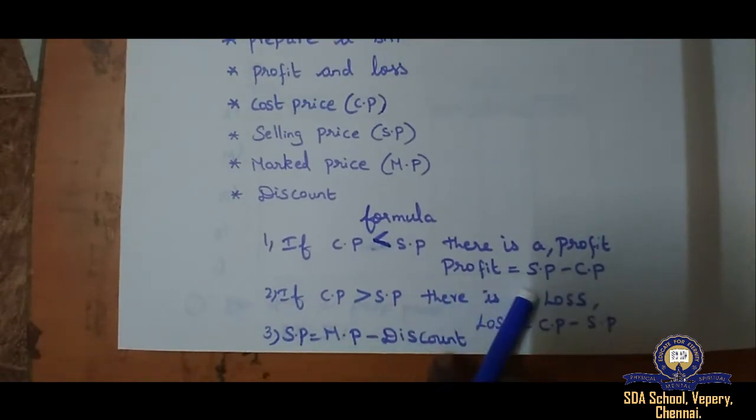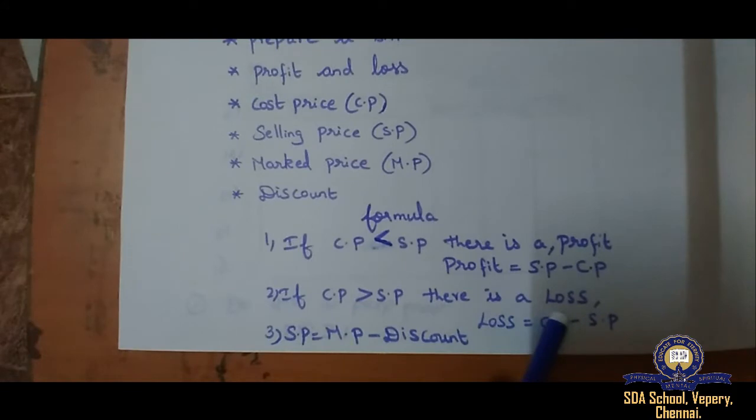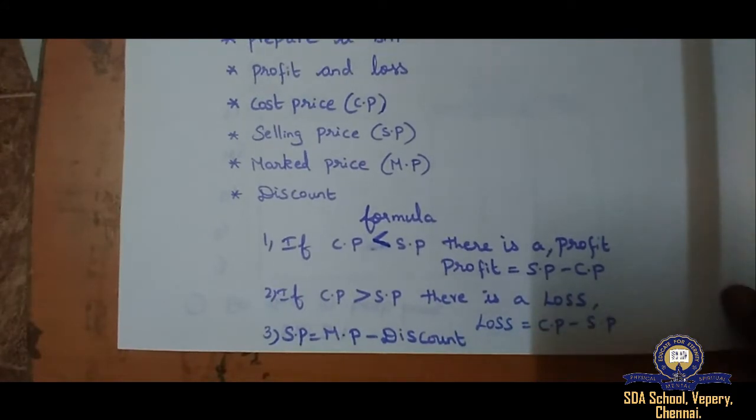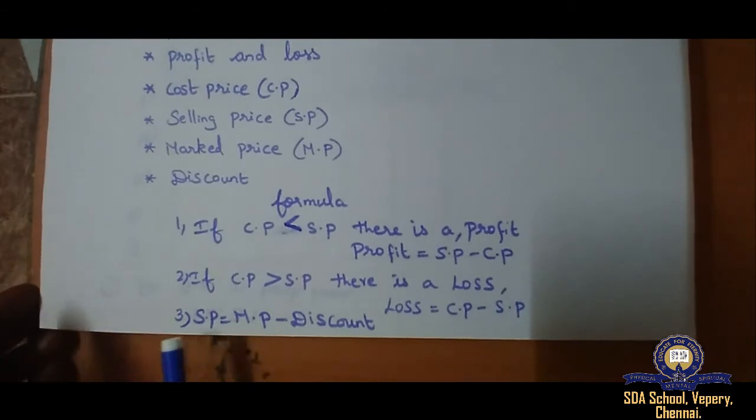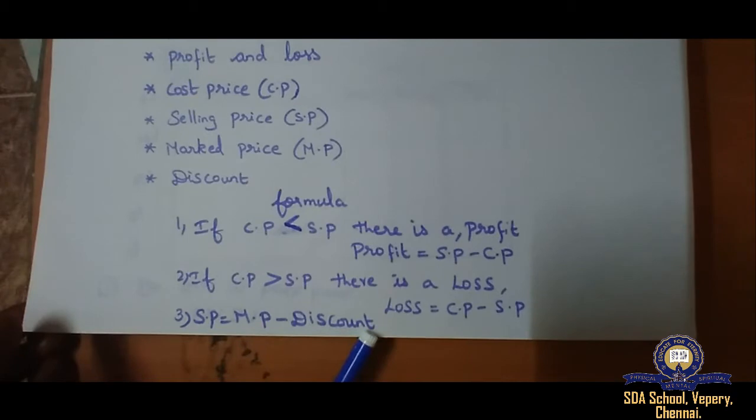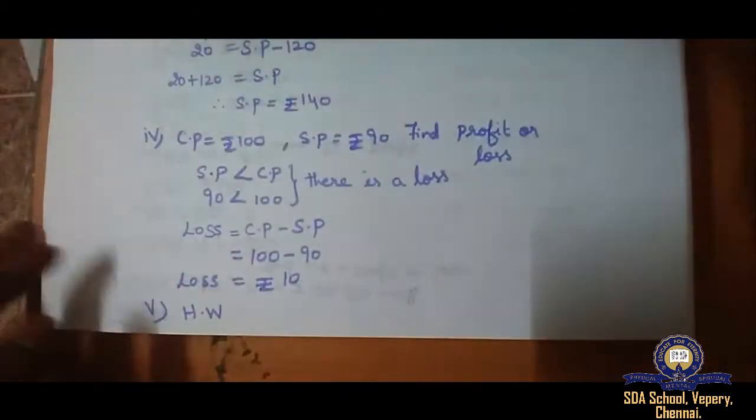Profit is equal to selling price minus cost price. If cost price is greater than selling price, that means there is a loss. Loss is equal to CP minus SP. Then another formula: selling price equals marked price minus discount. These are the three formulas we are going to use in the exercise.